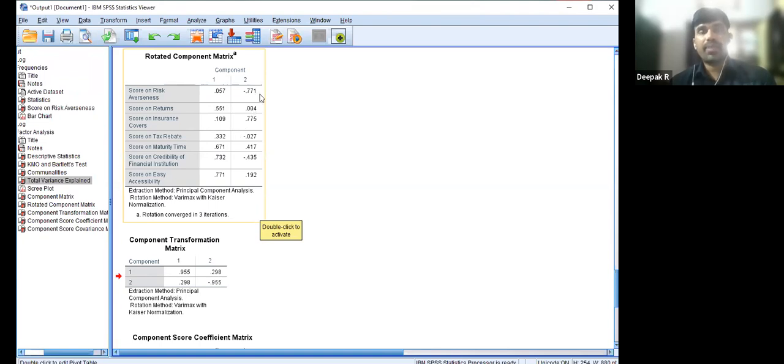And similarly, any variable which is greater than 0.5 will be part of the second factor. Now, once we have identified the variables, we will go for the communality.